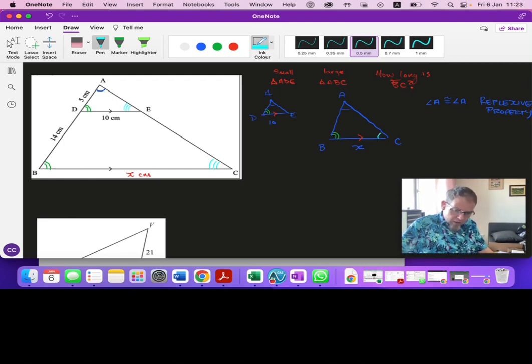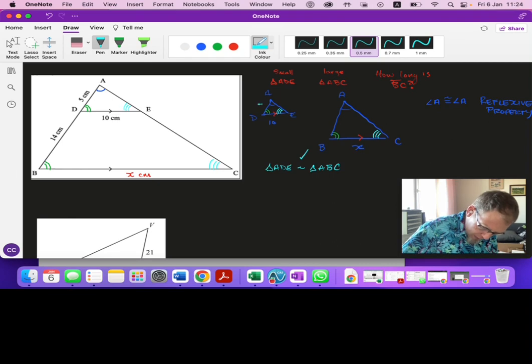So because our angles in both triangles are the exact same, we know that triangle ADE is similar to triangle ABC. That is truth. Now that we've proven that, we can get to work here.